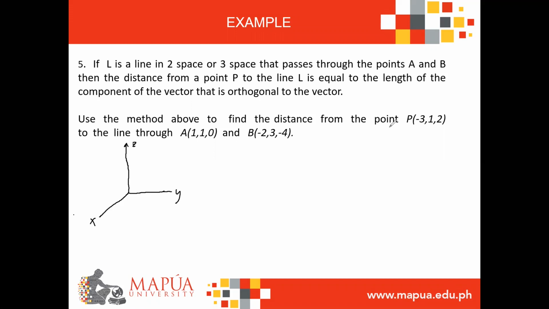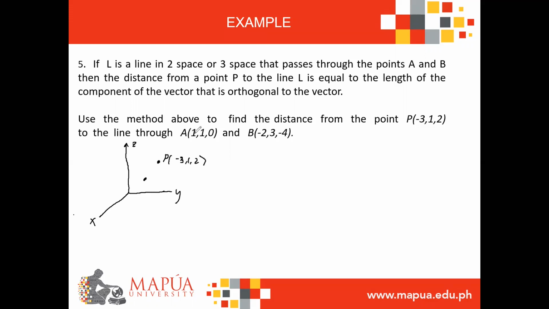Then let us plot the point P negative 3, 1, 2. So X is negative 3. So we plot along the extension of your positive x-axis. So first is negative 3, then 1 unit to the right, then 2 units upward. So this is now the location of your point P, whose coordinates are negative 3, 1, 2.